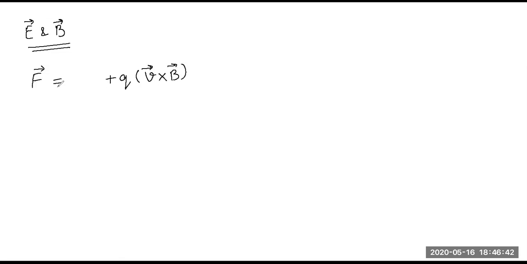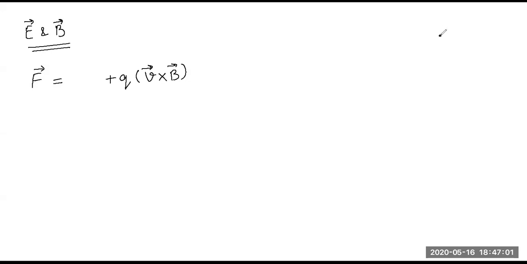What do we need to add if we have an electric field also? In terms of electric field, you need to tell. If you know the electric field, what's the force?